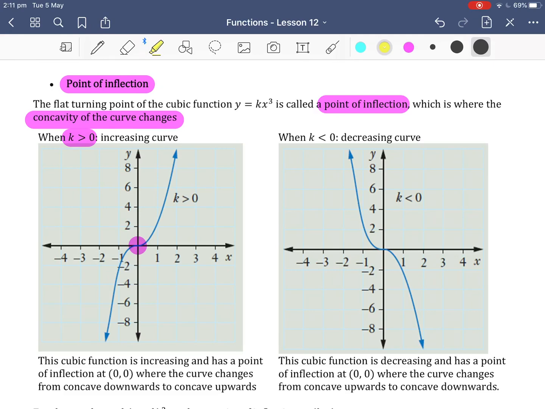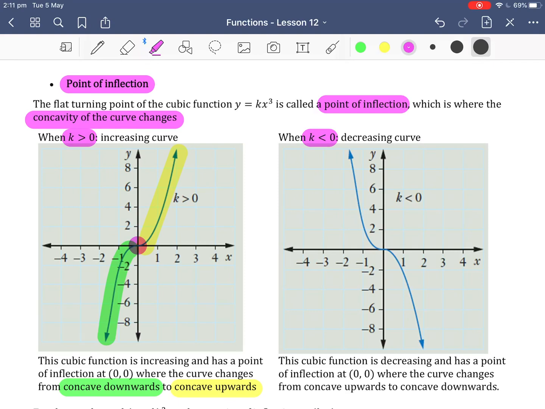So you can see that for concave up, it looks like the smiley face here, and it's from 0, our x value is greater than 0. And then when we talk about our concave down, it is our x values that are less than 0. When k is less than 0, we have a decreasing curve.